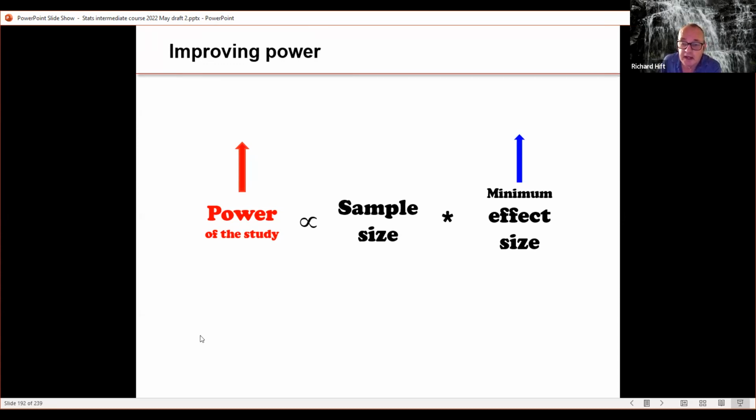If we have a larger sample size, we'll have a larger power of the study, a greater chance of finding significance. And similarly, if there is a bigger effect size, then we've got a greater chance of finding significance. Both of those will increase power.